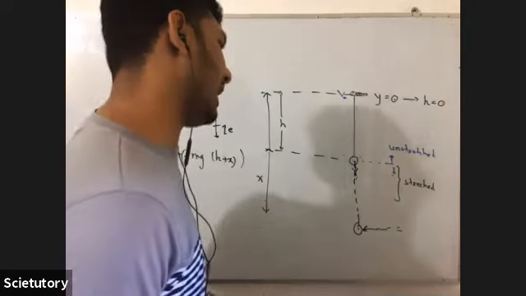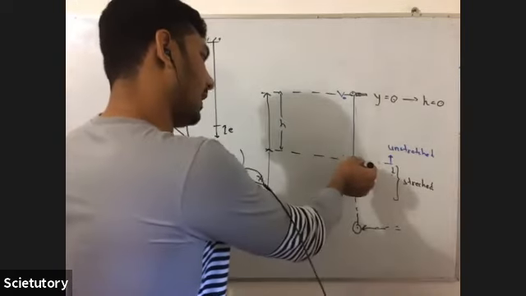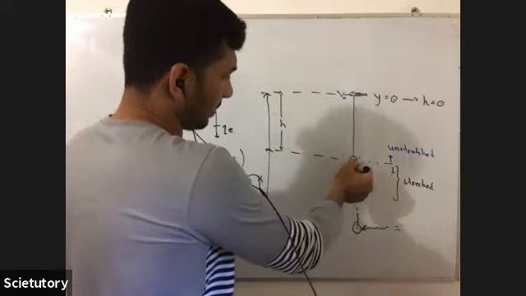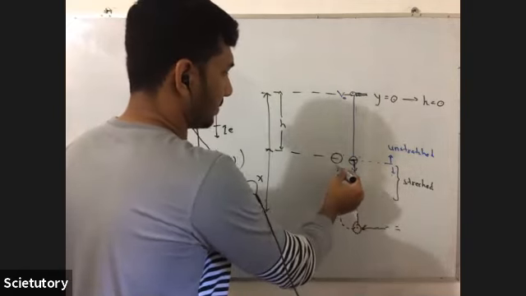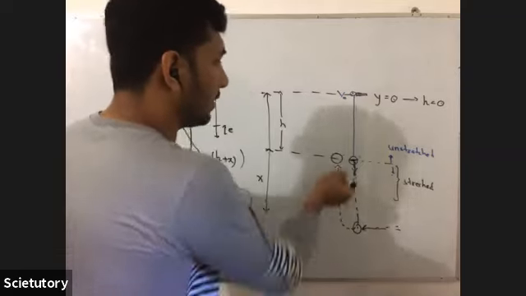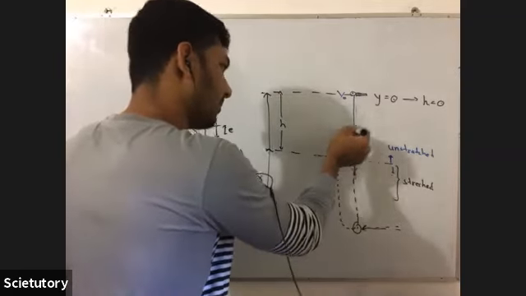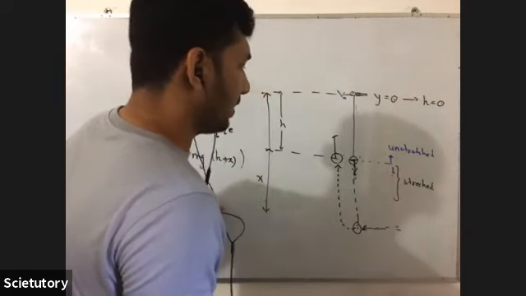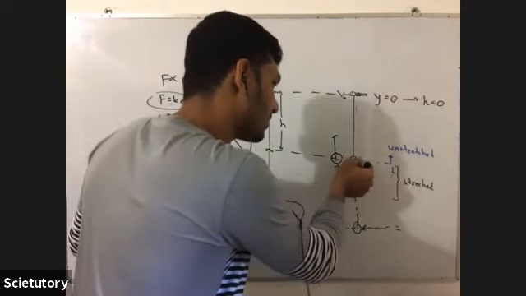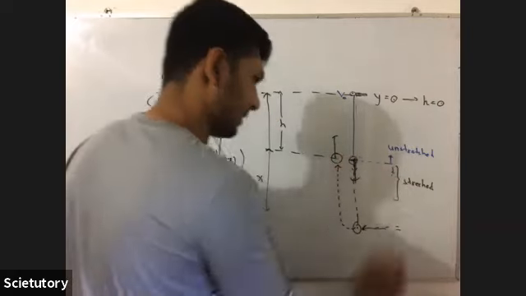So when it comes back, what will happen at this point? It will cross this level at the velocity which it had when it crossed the same level going down.